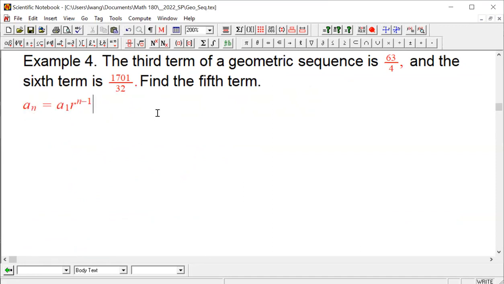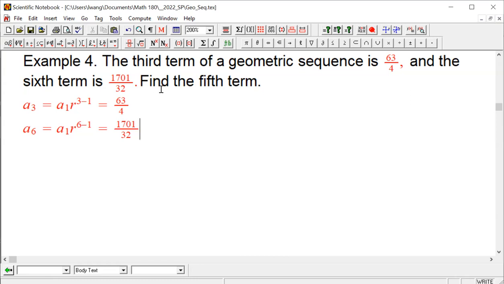From this formula, we know the third term, so the index is 3, and we also know the sixth term, so the index is 6. The third term is 63 over 4, and the sixth term is this big fraction.